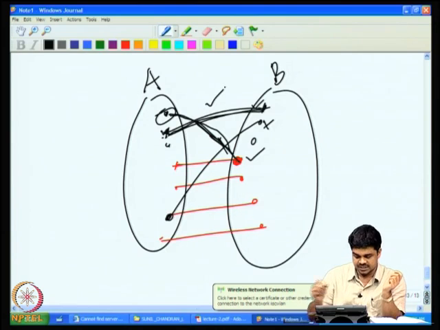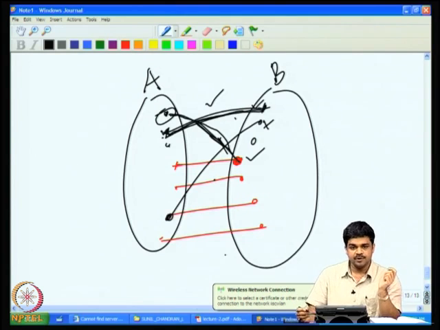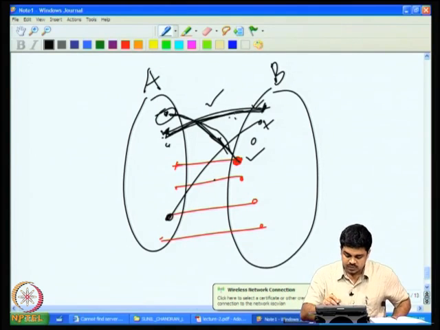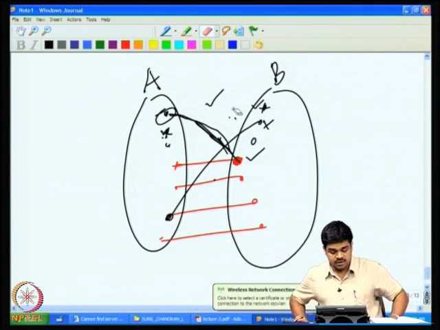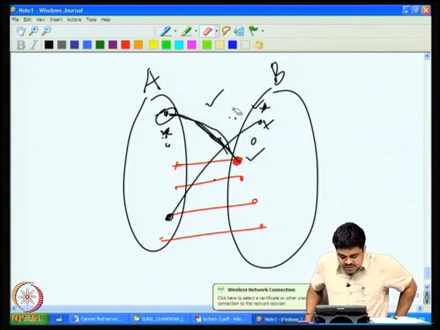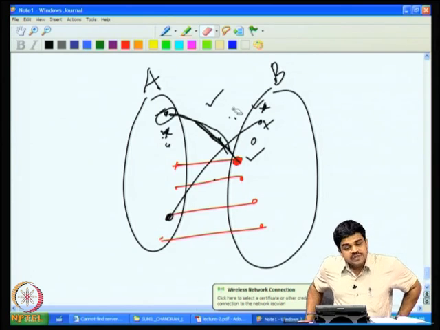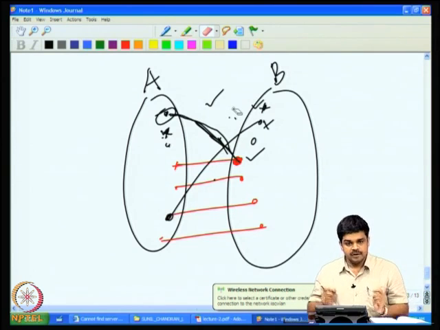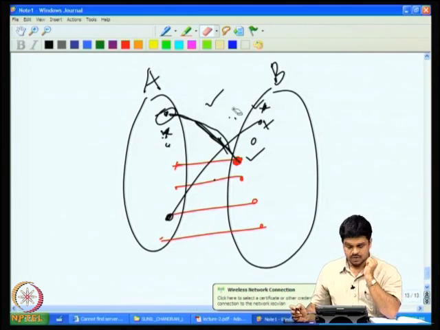Suppose there is such an edge in the graph, then we can argue that there is a problem, because you told that this is the biggest matching, then why don't you add this also to the matching and make it bigger? That will be a contradiction. So such an edge will never come. That is why we won't have any such problems. Whenever we see an edge, only one of the endpoints will be unmatched, the other endpoint will be matched.